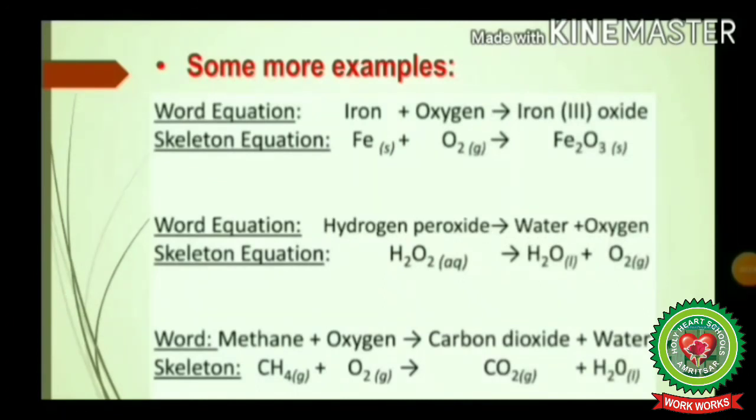Some more examples of word equation and skeletal equation are: iron reacts with oxygen to form iron oxide. This is a word equation. Now, skeleton equation is iron Fe combines with O2 to form Fe2O3.